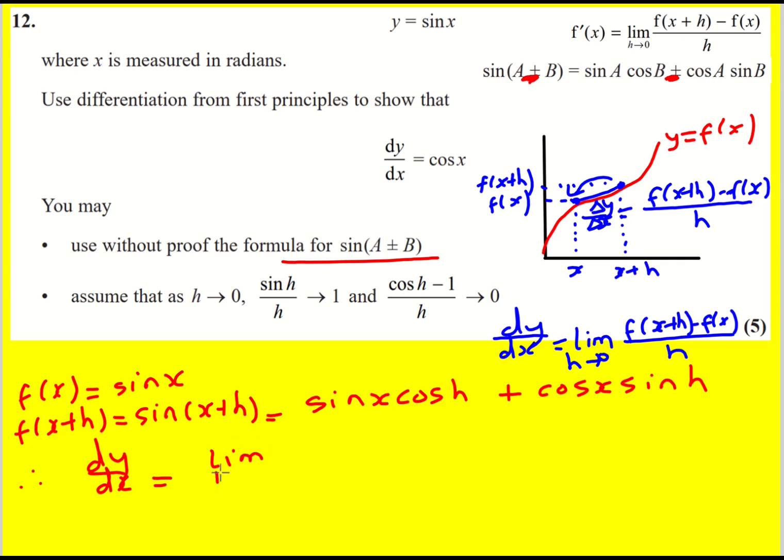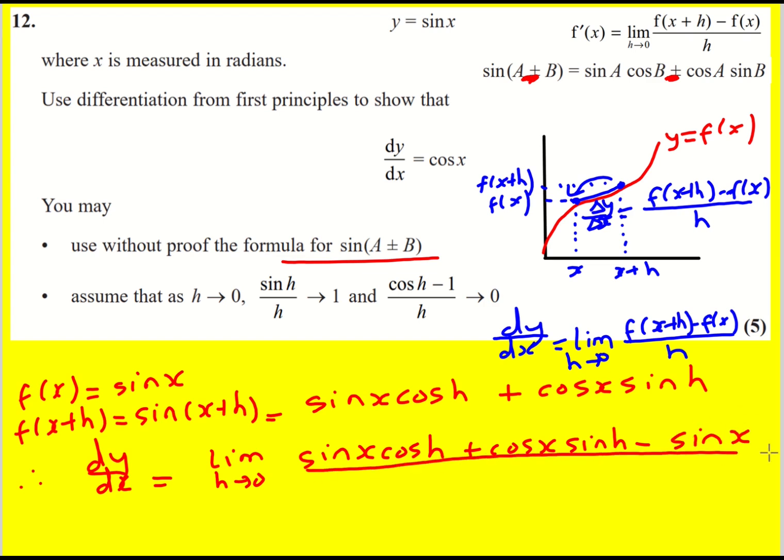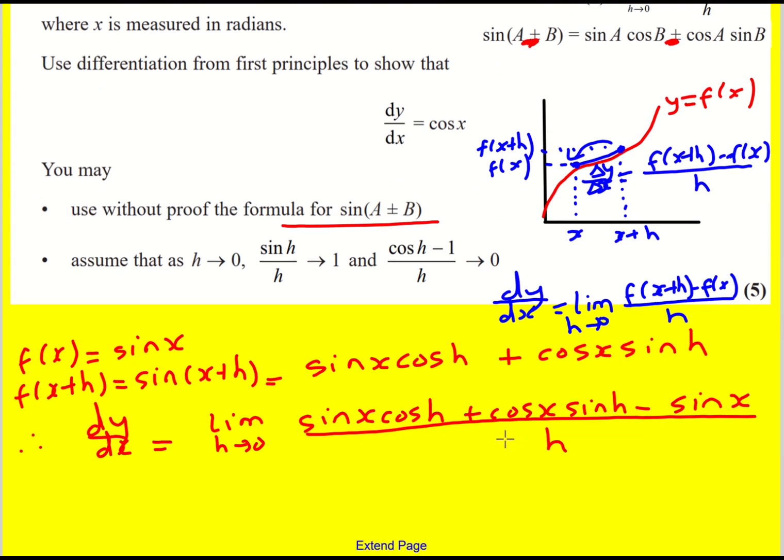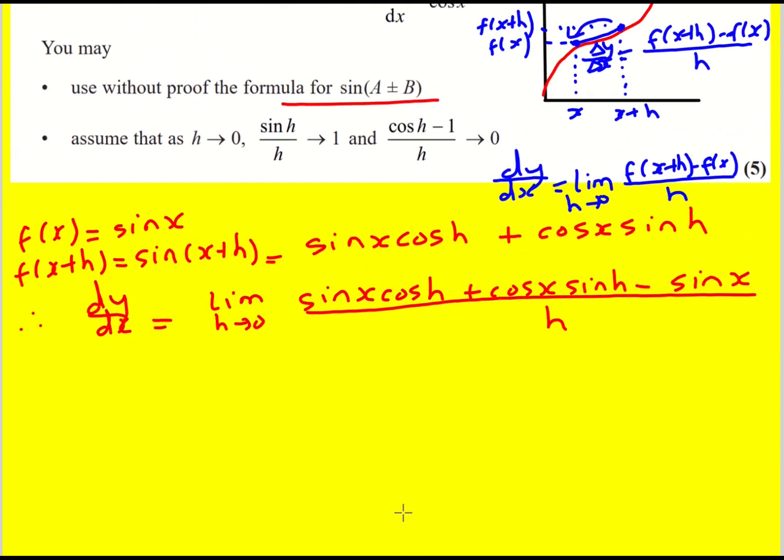Limit as h approaches 0 of this minus sine x, of course, the original function, all divided by h. Don't forget we can quote some values later on, just bear them in mind. I'll talk a bit more about them.